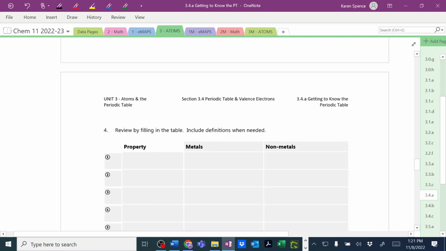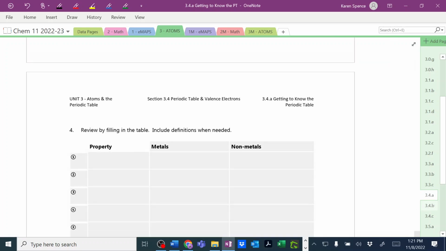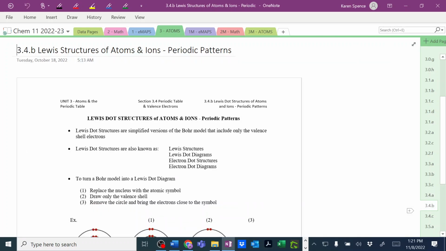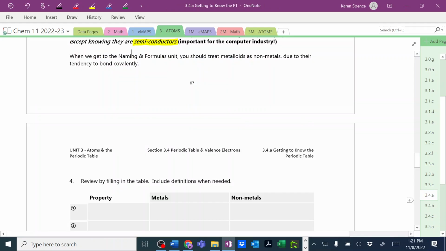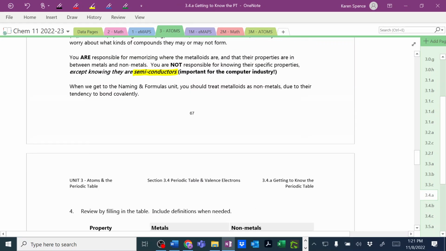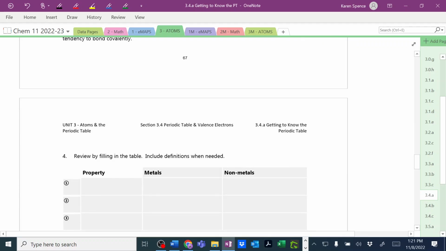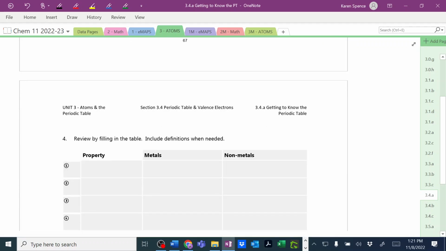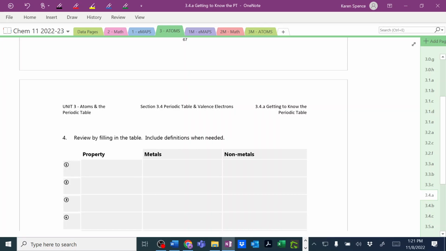All right, let's see where we're at here. So you could do whatever's in here. Why don't you just take a few minutes and fill in the table once, leave the other one to do later. So do this one.